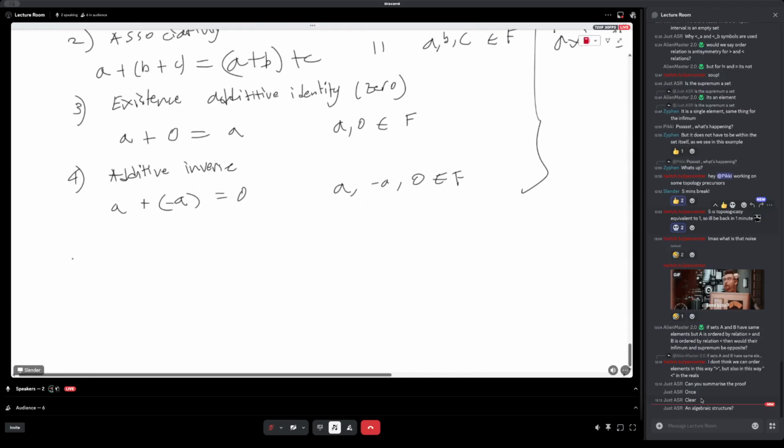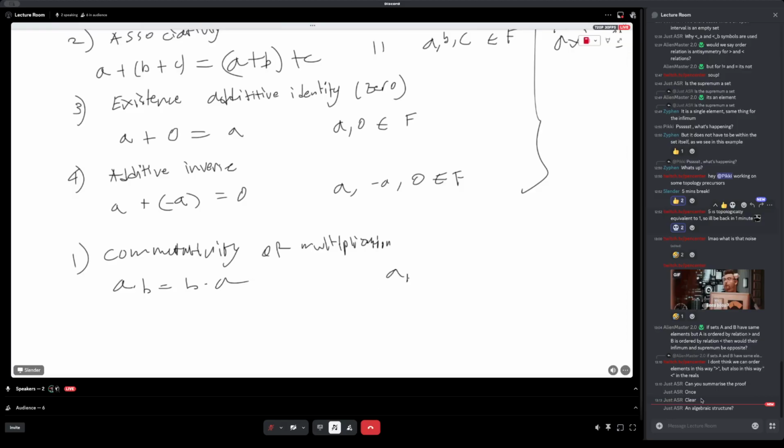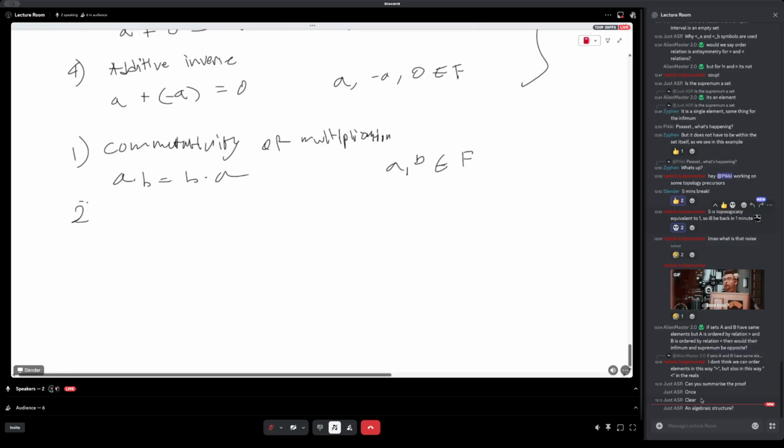And the next things you have are the multiplication axioms, which are pretty much the same. So a multiplied by b is the same as b multiplied by a for all a, b in F. And then you also have associativity.